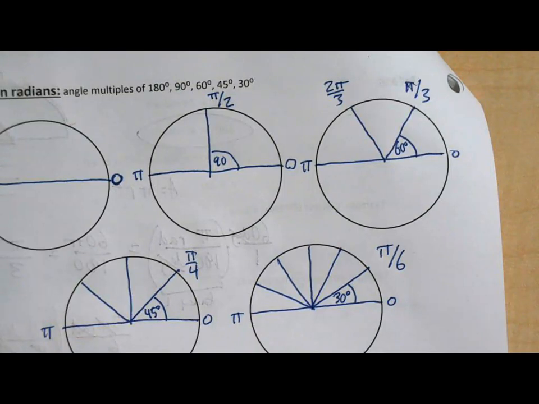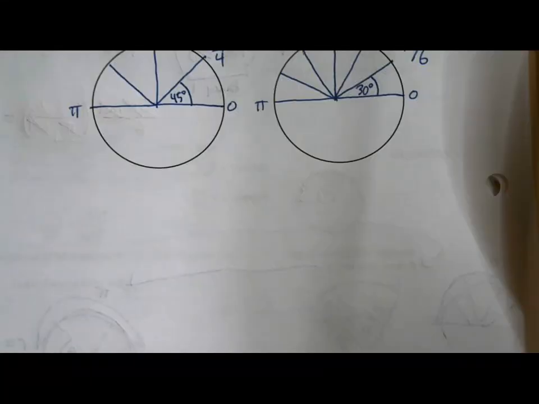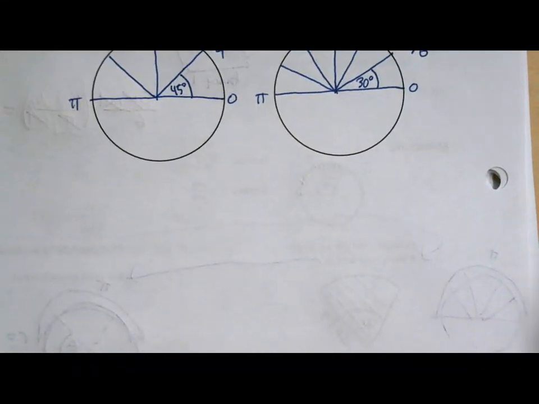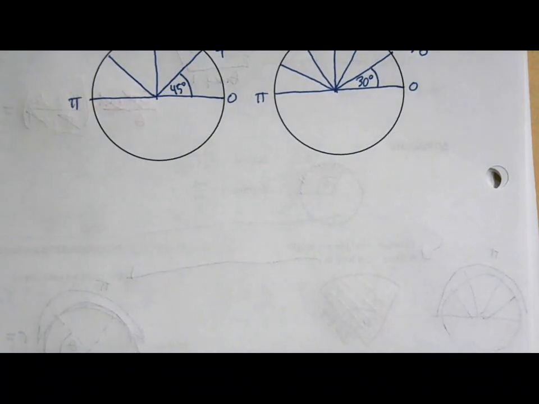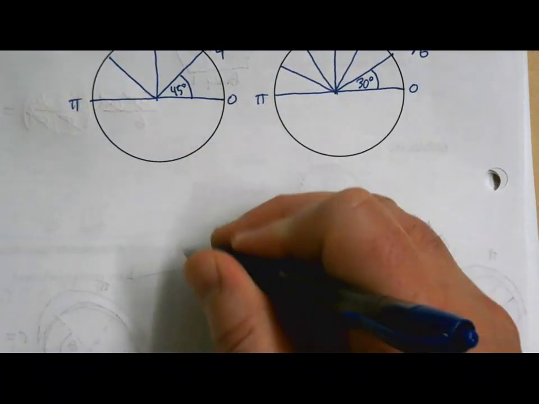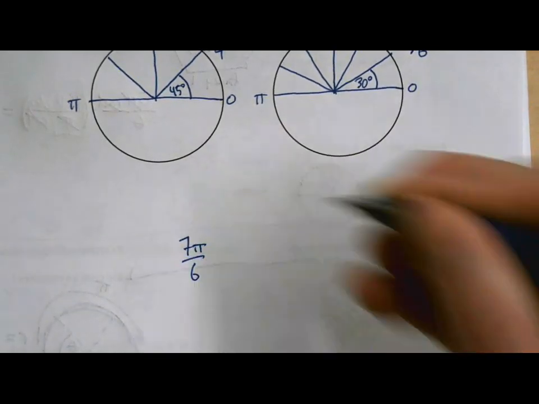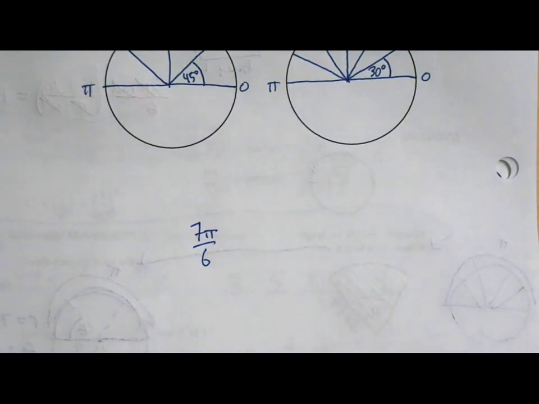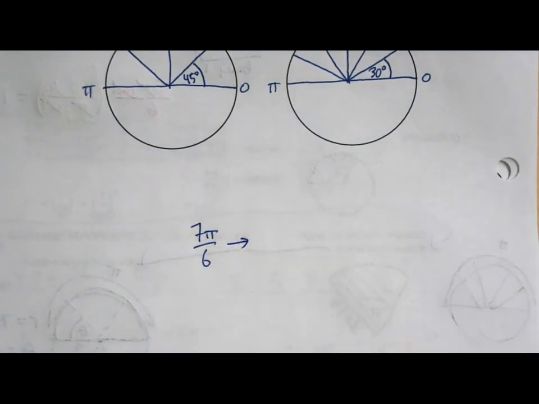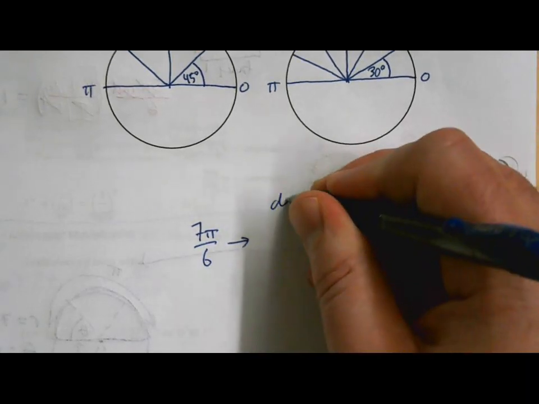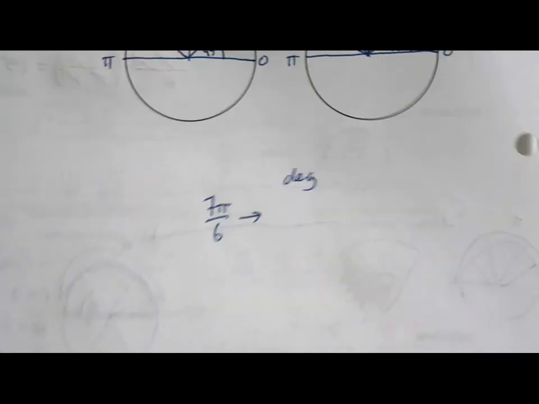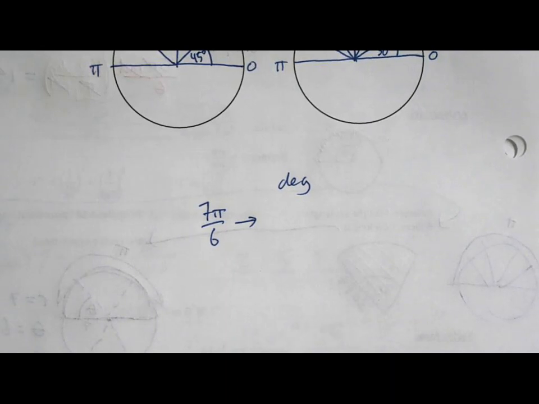Okay, and then as you keep going, I'll show you one more trick, and then we'll call it quits for today. Let's say you run into something like 7 pi over 6 radians, and you want to convert that into degrees. I'll show you how I think through this, okay?